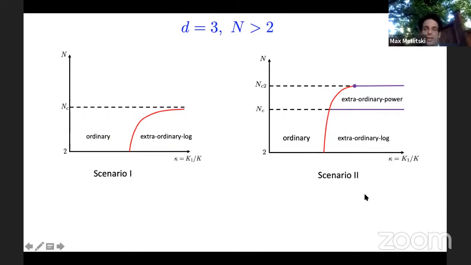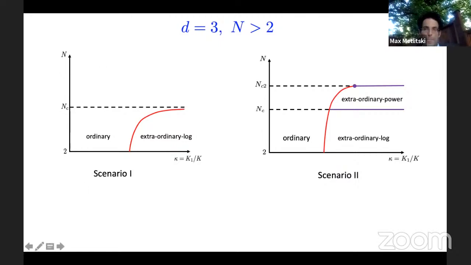So here is the phase diagram in the two scenarios. Here is the first scenario, and here is the second scenario, again as a function of n and kappa. So the remaining question is which of these two scenarios is realized, and what is the value of nc? In particular, whether nc is greater than 3, right? Because 3 is the smallest integer value of n for which we don't really know the phase diagram.